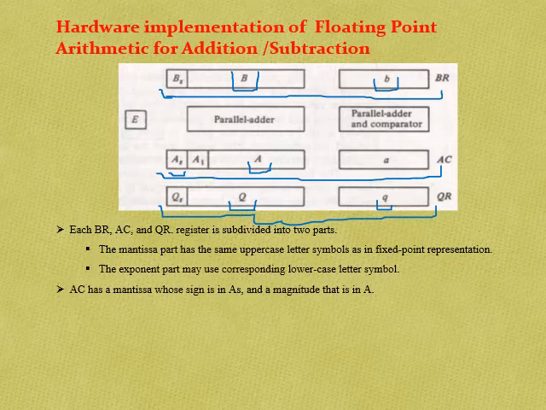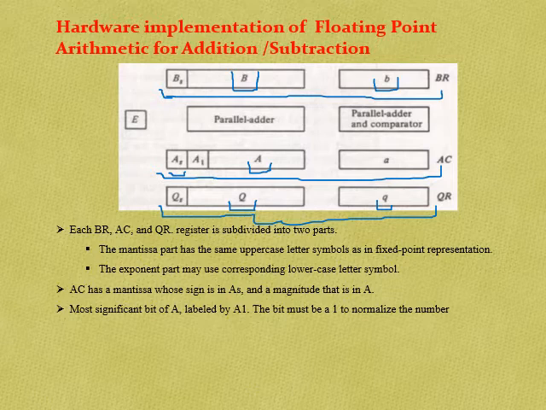So actually this A1 and A correspond to the total A register, and AS is the sign bit. Similarly for the other two registers, BS and QS are the sign bits, and B and Q are the magnitude part.